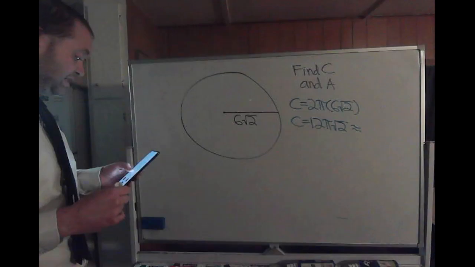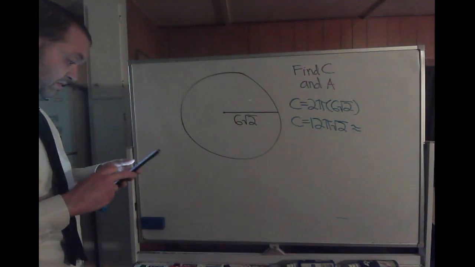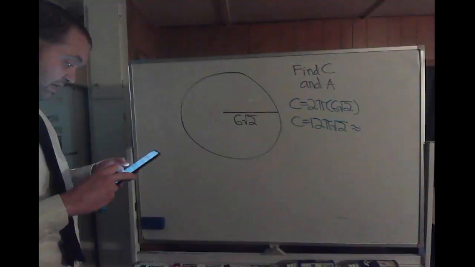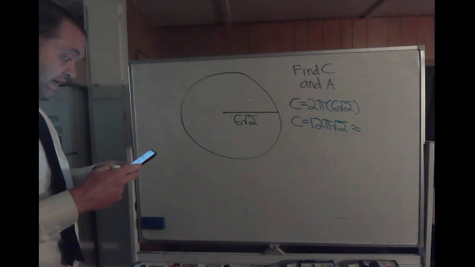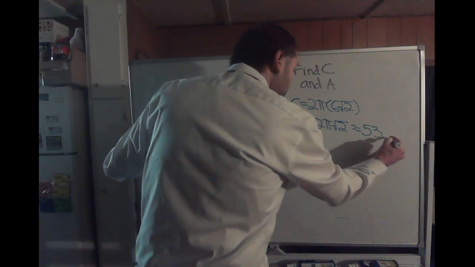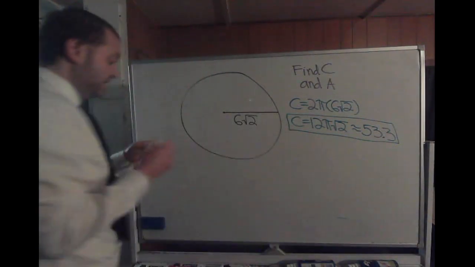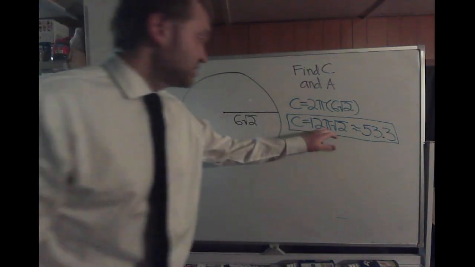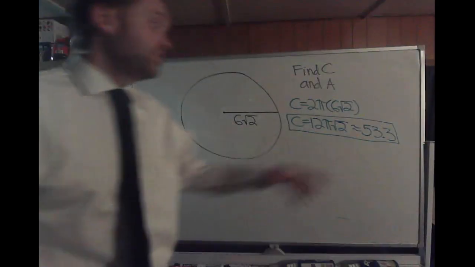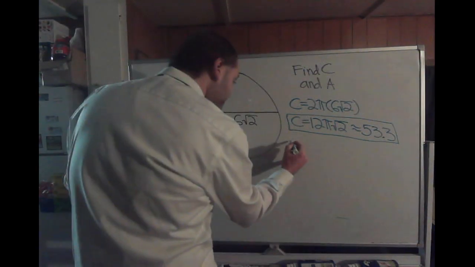That 12 pi times the square root of 2 looks hideous, but that's what it is. That would give you about 53.3 units. So the circumference of this circle is exactly 12 pi times the square root of 2 units, or approximately 53.3 units.